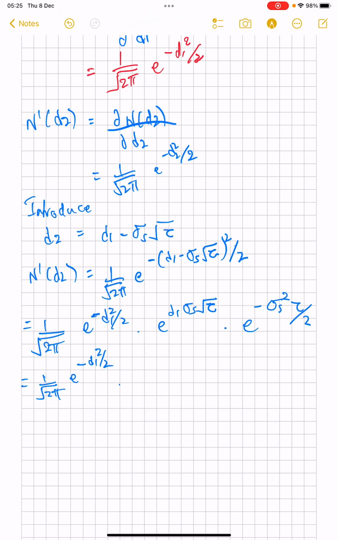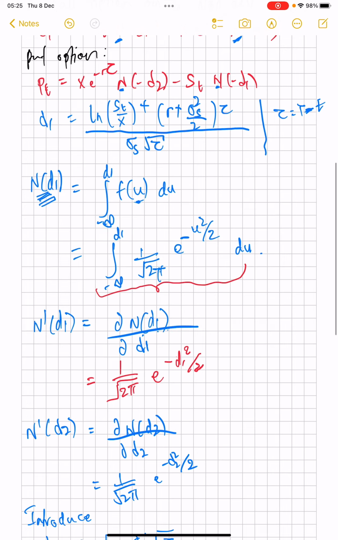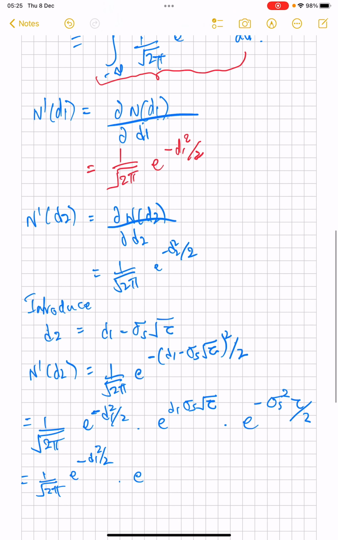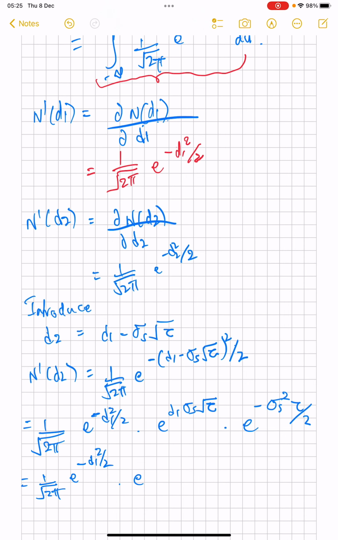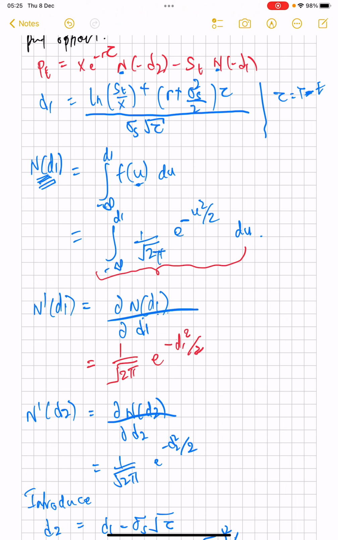I will replace the d1 here. That's going to be ln ST over X plus, just have a look here, r plus sigma squared over 2 times tau.